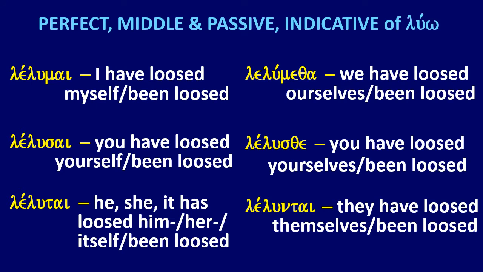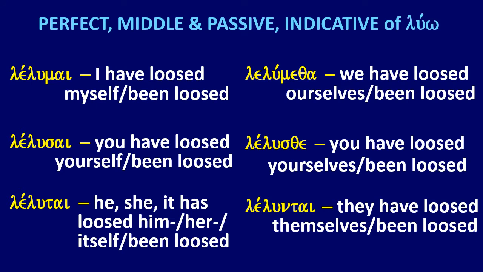And I've supplied again a translation for you, a gloss as we call it, for each of these forms. In the middle voice, you would say first person singular, I have loosed myself, or in some contexts you may want to just drop the self part of it there, the reflexive aspect, and in English you may just want to translate it as an active voice, I have loosed.